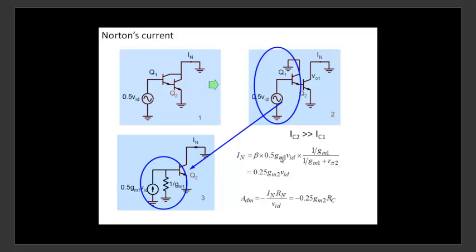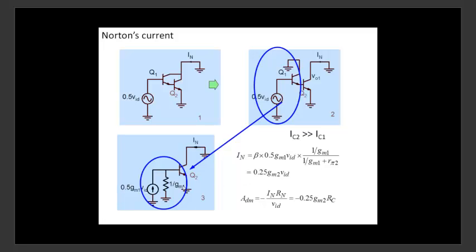And this is the current here, 0.5 GM1 VID. So the fraction of current which flows into the base of this transistor is this one here. Now whatever current flows into the base gets multiplied by beta, and that would be IN. So that's how we calculated IN.